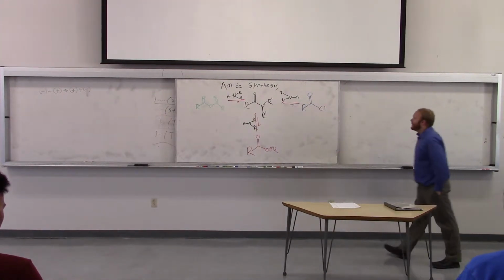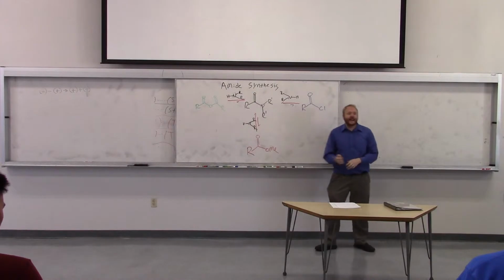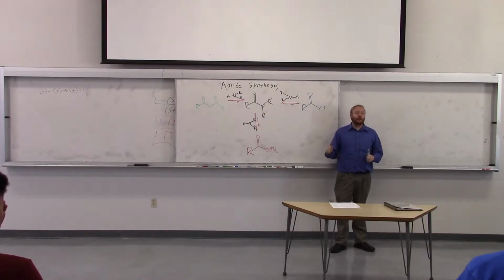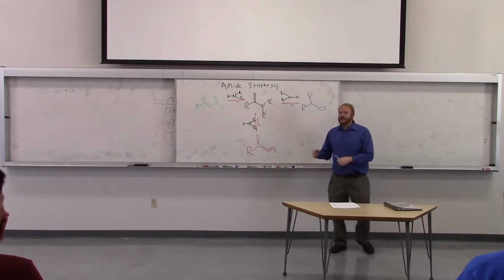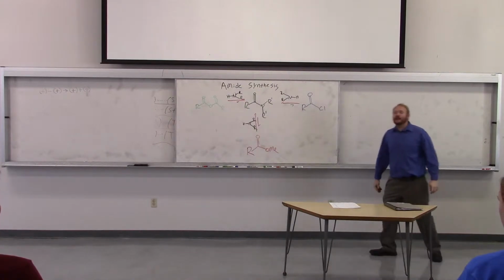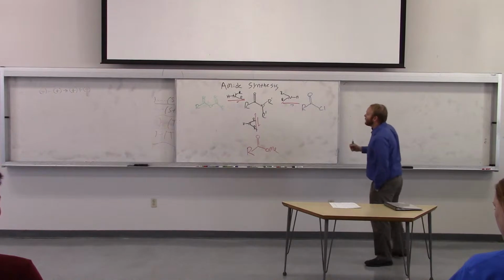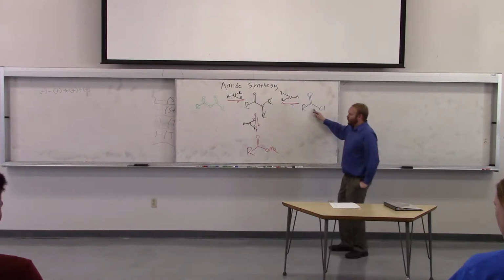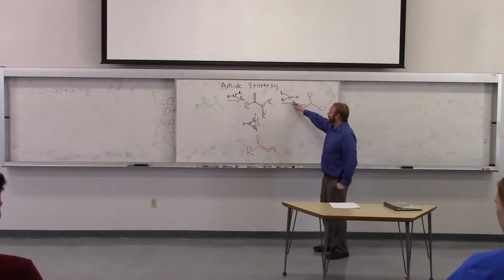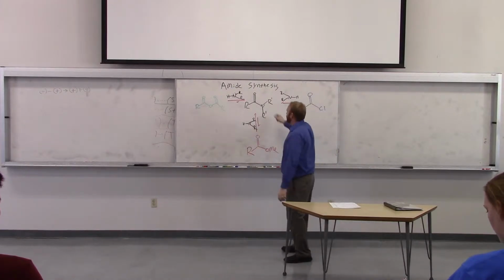Anyway, we're finishing up by talking about amides, particularly ways to make amides. From what we talked about in our nucleophilic acyl substitution thus far, we know one way we can make amides is from acid chlorides plus amine, which will give us our amide plus HCl.